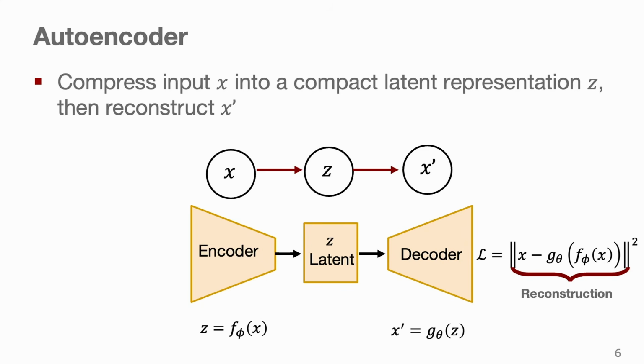And that's it. We don't need any additional labels or anything, so it's pretty much self-supervised. The bottleneck in the middle essentially forces the encoder to learn this compressed representation of the data, because the only way to achieve a low reconstruction error is to preserve the most important features of the data distribution.